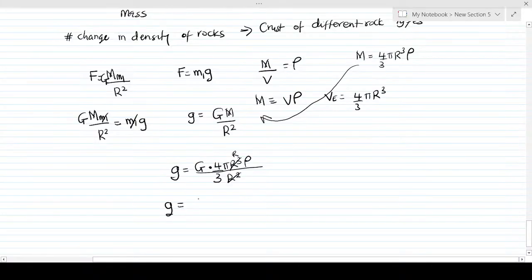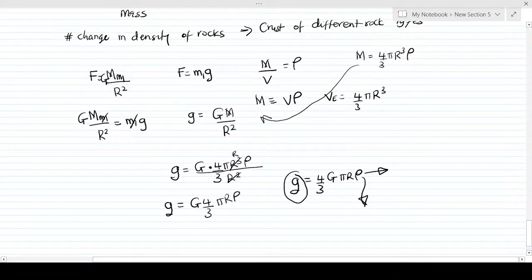So g is equal to G times 4/3 π r ρ, right? And so the acceleration due to gravity depends on the density of the material within the terrain. So very, very important, and this density can influence the acceleration due to gravity.